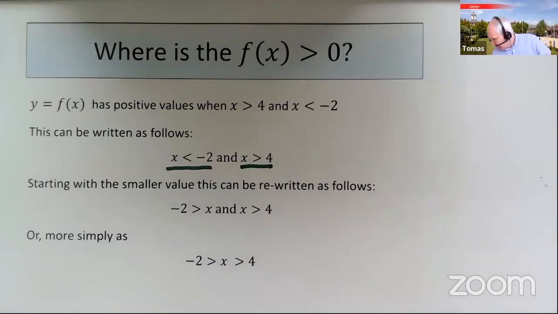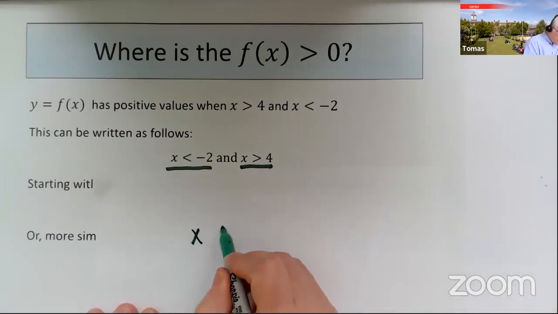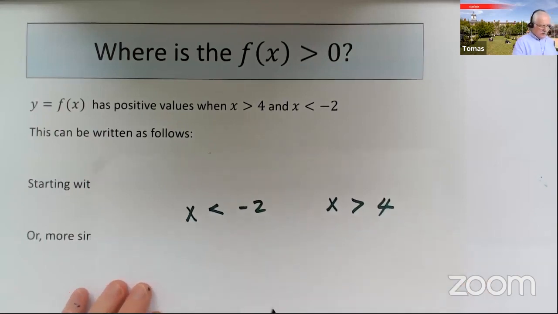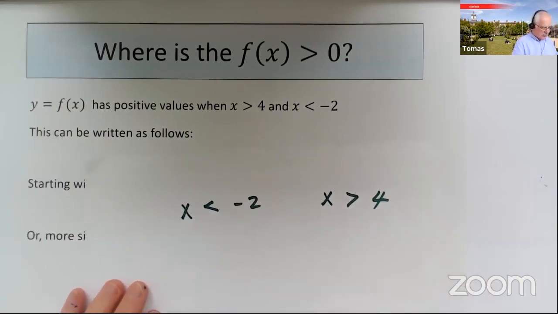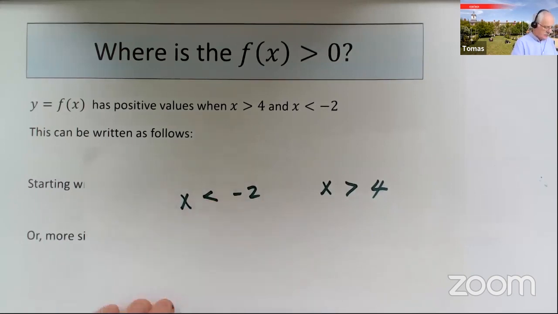Now, sometimes it's nice to write these out in a slightly neater way. We say something like x is less than -2 and x is greater than 4. Sometimes it's nicer to do those in order, so I'm going to turn this around.